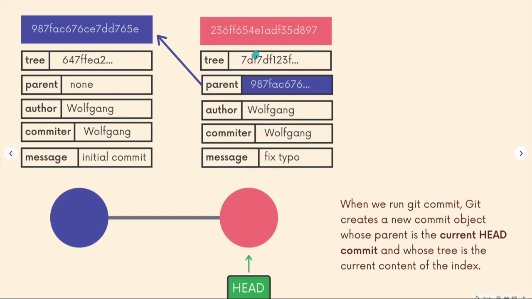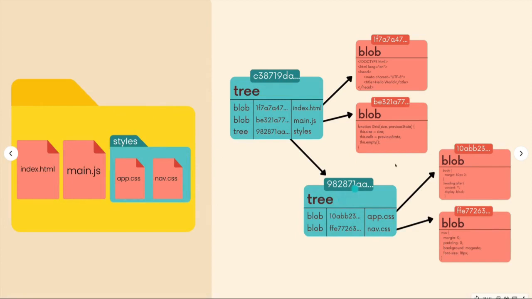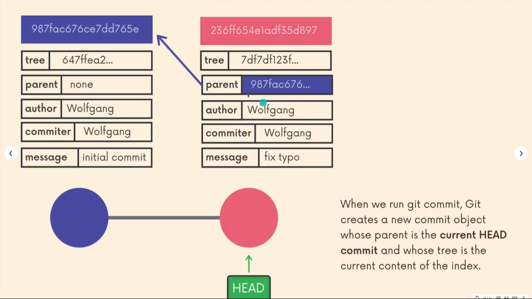And then that is included in the commit. Then we have the parent that references the parent commits. So that's giving us the history, right? So this is giving us the actual contents of the directory, our changes, and that tree is going to include, most likely, other trees and blobs.